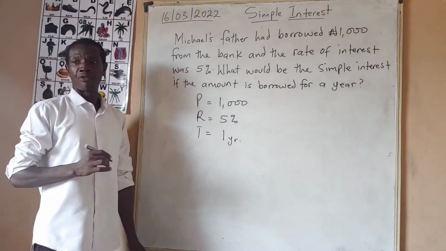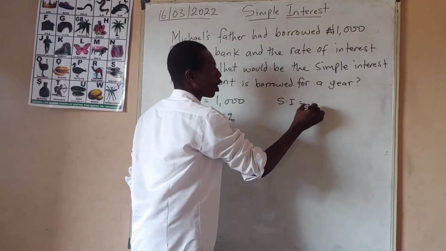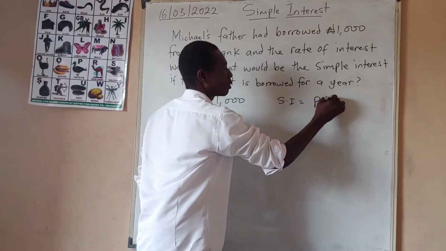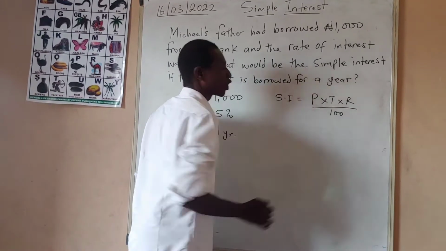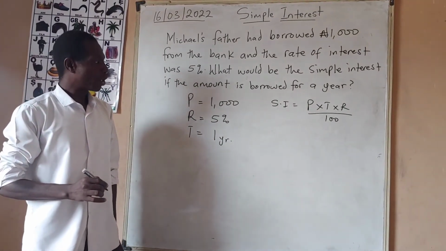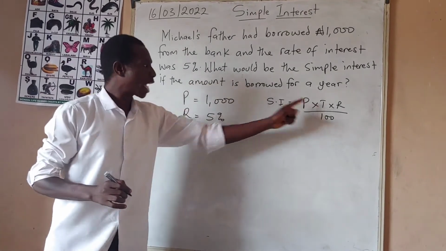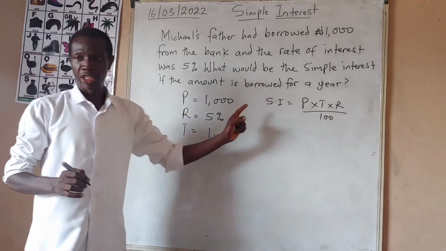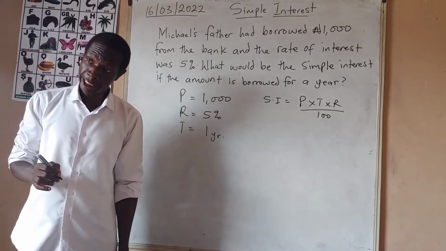What is my formula? Recall that simple interest is what? Principal times time times rate over 100. That is the formula. So it means that we know the principal, we know the time, we know the rate. What we don't know is the simple interest we are asked to calculate.